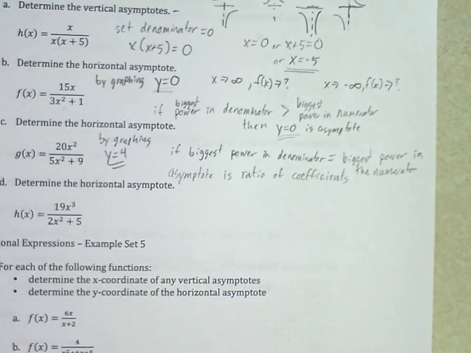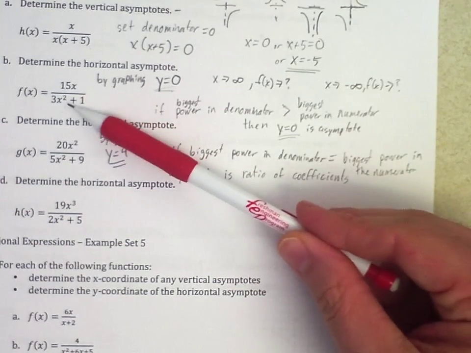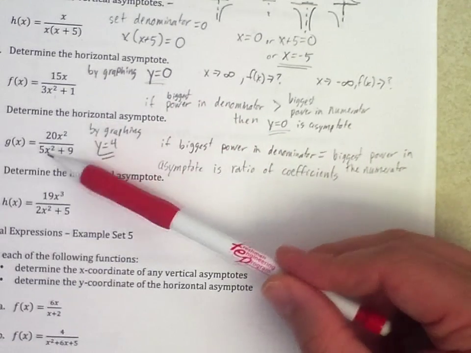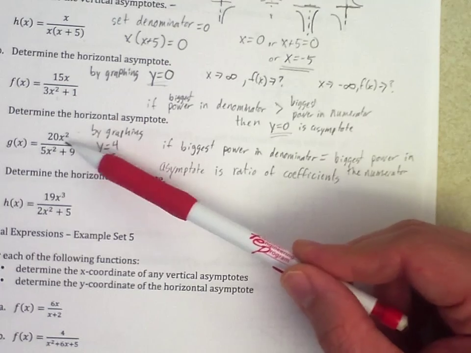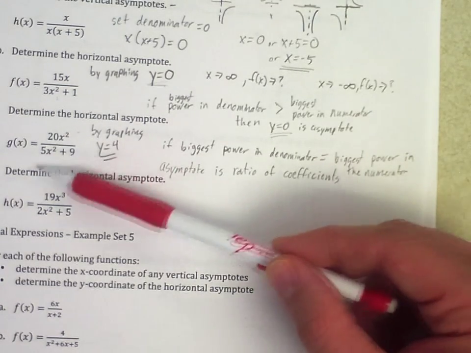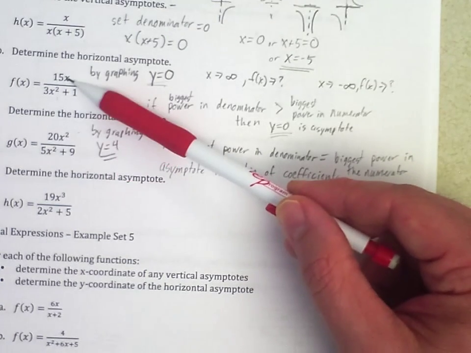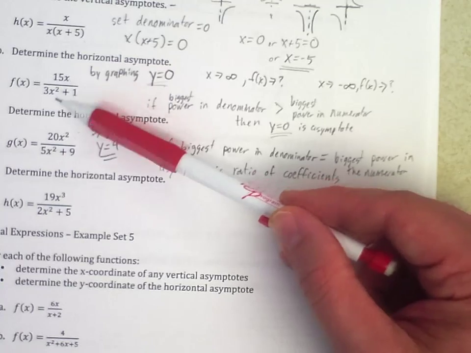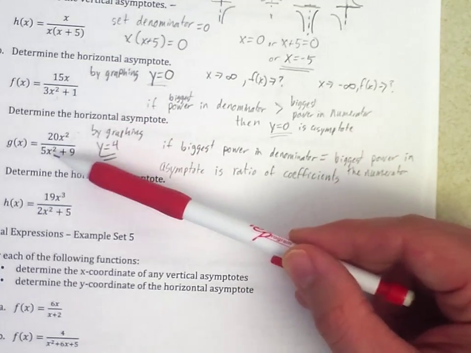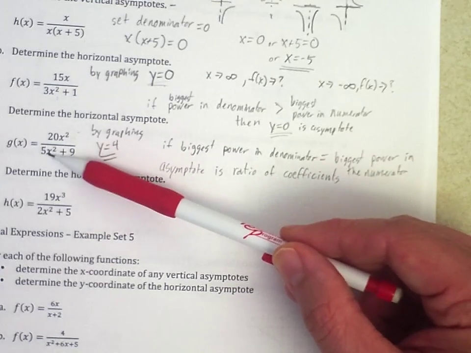So again, we talked about in the previous one, if we had a smaller one, this one grew so fast that it didn't matter what we had up there, it kind of swallowed it up. If they're equal, they're going to grow at the same rate. Square terms grow at the same rate. Anything smaller than that is going to get swallowed up. So just like when we had 15x up here over 3x squared, if we had 15x over 5x squared, it would again get swallowed up because as we go out to infinity, this gets so much bigger than that.